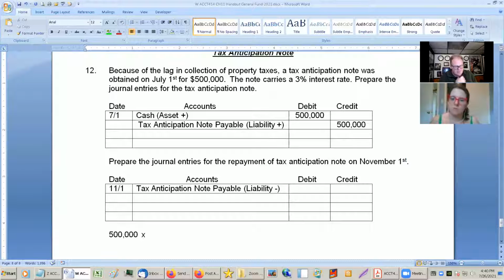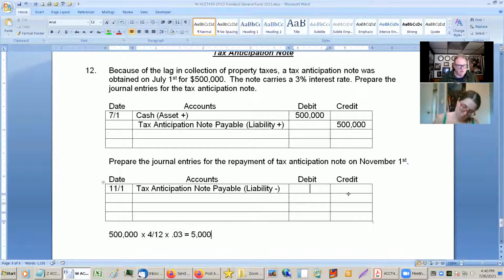So 4 months, and then it would be 3% of that. Just 5,000. Yeah, should be. Right, so 5,000.